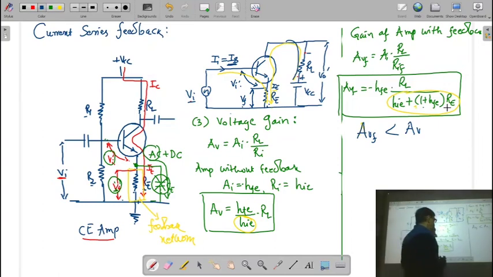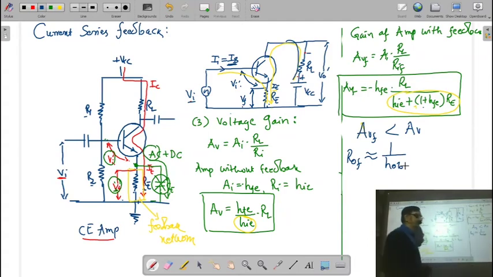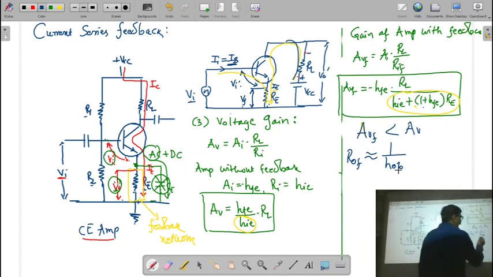In the same way, we can also do an analysis for the output resistance. So ROF comes out to be 1 upon HOB. Remember, the output resistance with feedback, if you do the analysis, will be approximately 1 upon HOB.